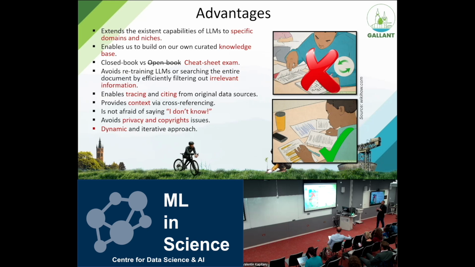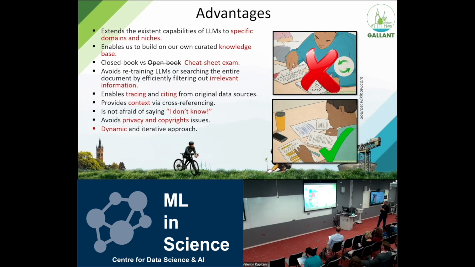RAG also supports citability and traceability from original data, making the context preserved and well represented in the output. And more importantly, instead of hallucinating, the system would recognize instances where no information is provided from the context and admit that we don't have this information.